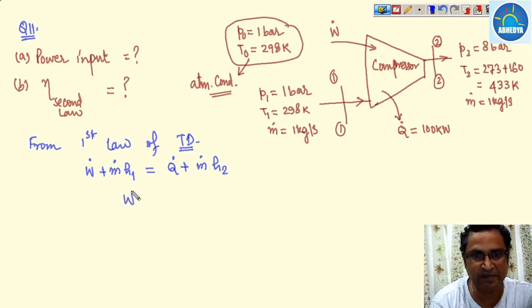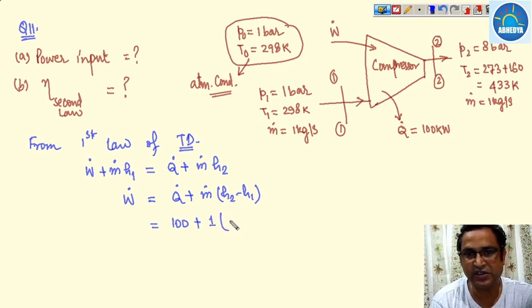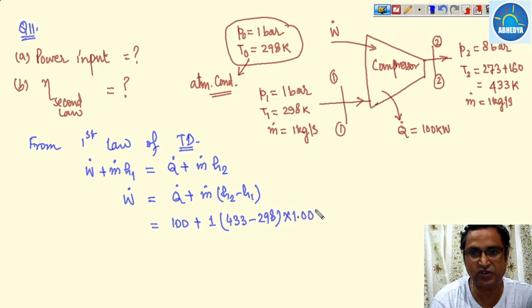So the power input required is Q dot plus m dot (h2 minus h1). This Q dot is given as 100 kilowatt, plus 1 into h2 minus h1, that is T2 is 433 minus T1 is 298, into Cp, that is 1.005. This much kilowatt power is required.